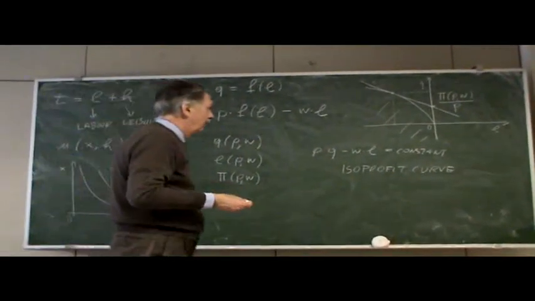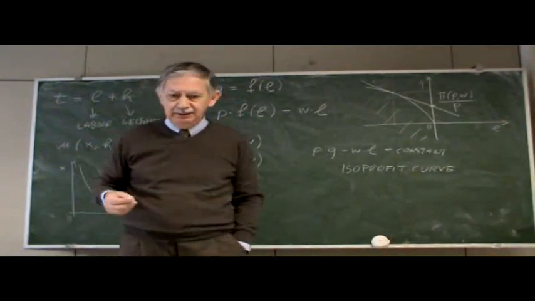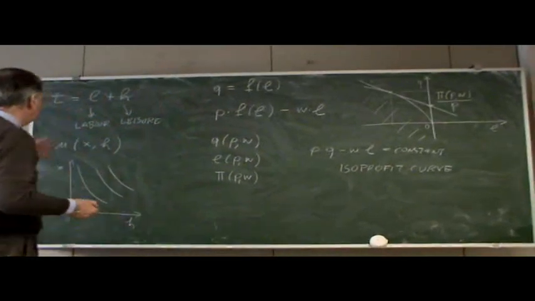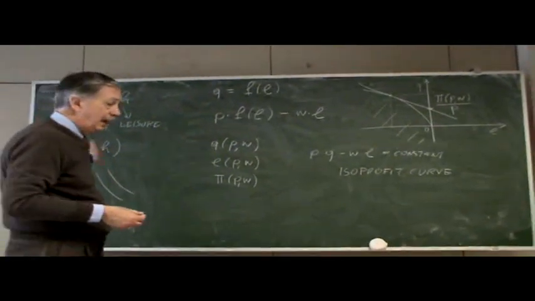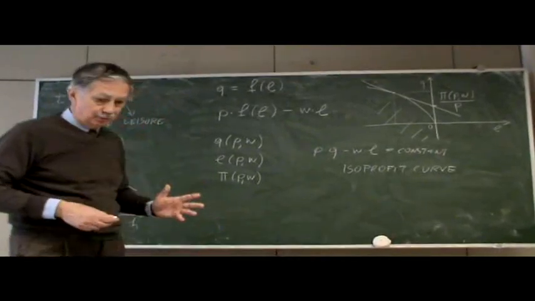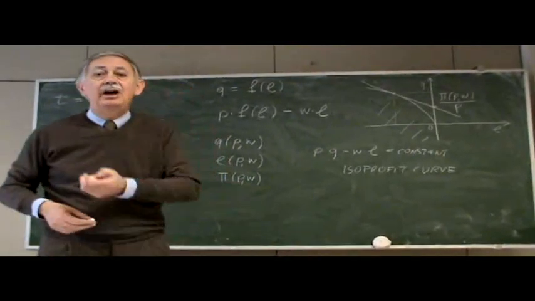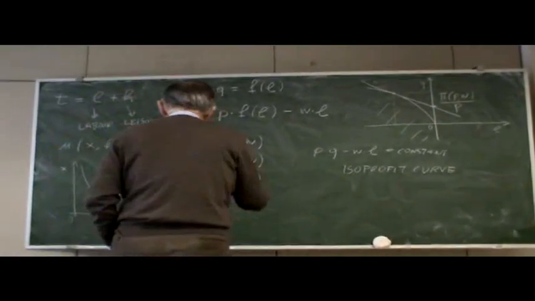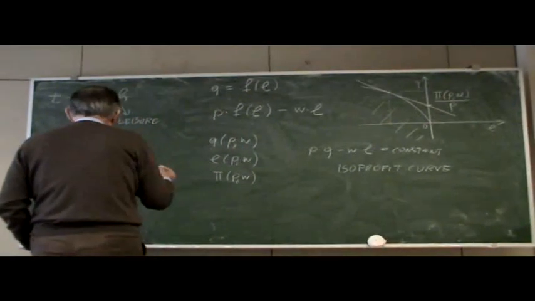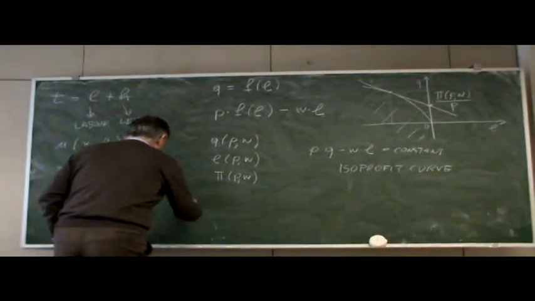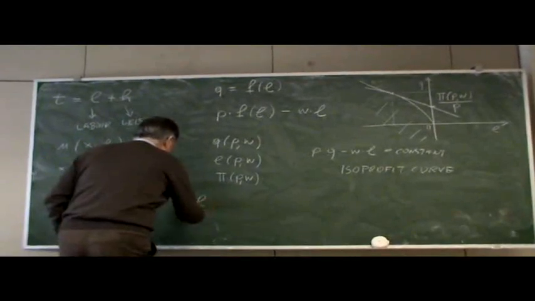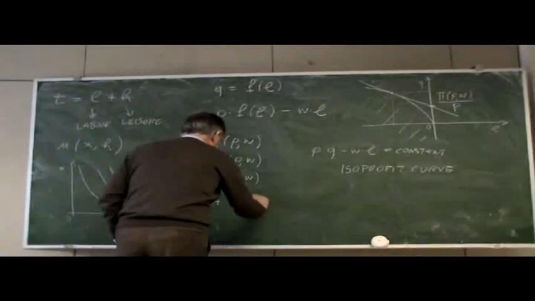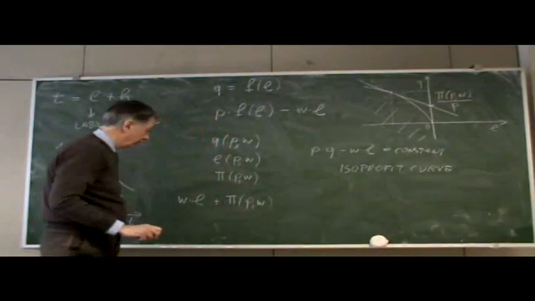Let us suppose, for the sake of simplicity, that all this profit is obtained by the household, because the household is the only owner of the firm. So his total income is given by W times L, the labor income, plus the profit which is obtained by the firm.